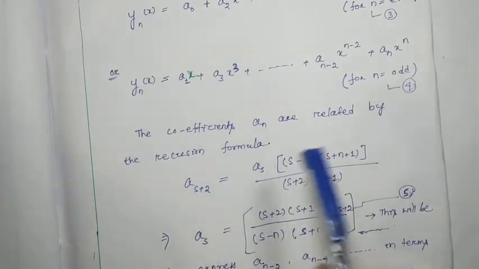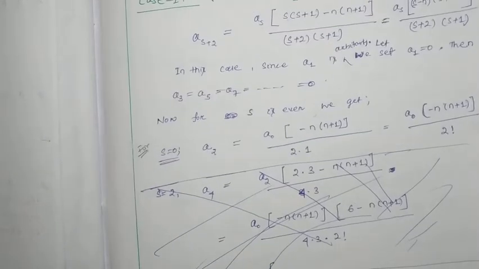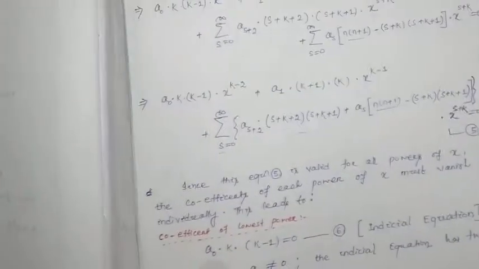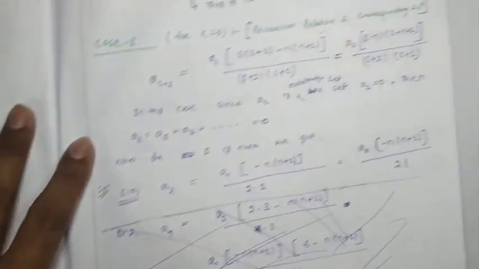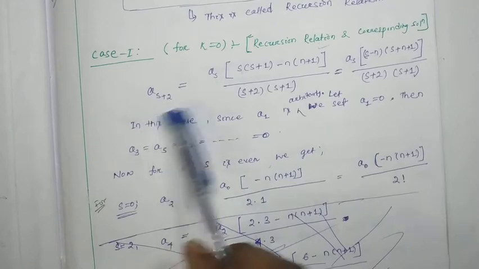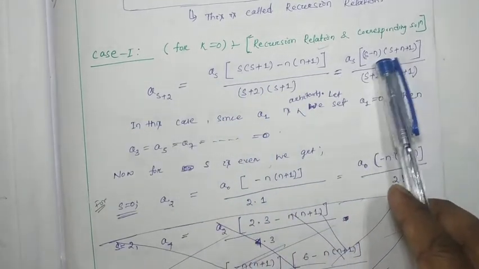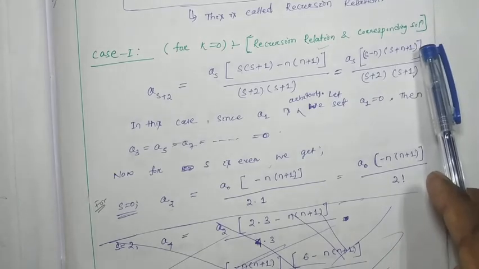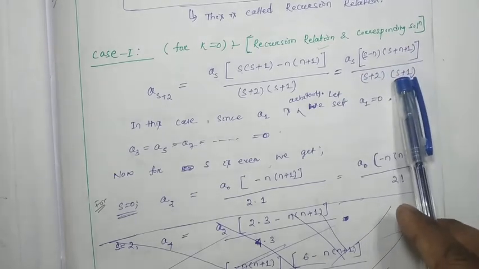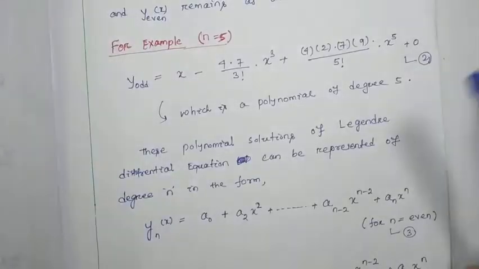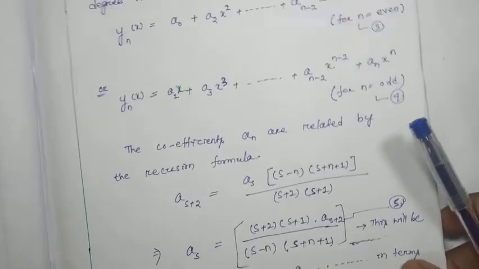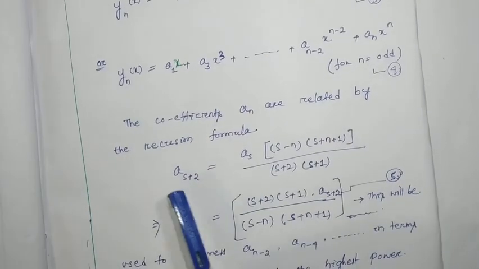a s plus 2. You just go to your notes, that is your recursion formula for k equal to 0. We found a s plus 2 is equal to a s into s minus n into s plus n plus 1 by s plus 2 into s plus 1. So that recursion relation we have to consider over here, a s plus 2.